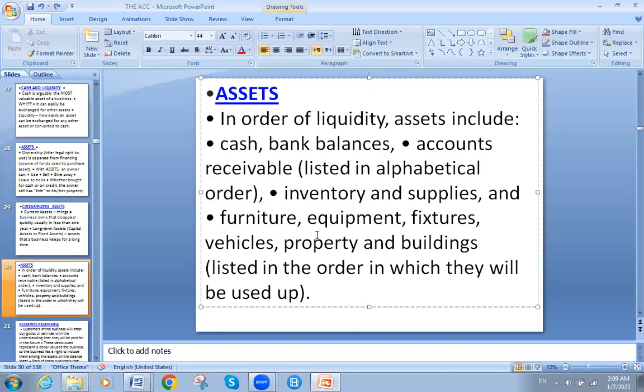Okay, so let's say as an example, you bought a vehicle. The vehicle is helping you to run your business and to make profits. So this is a fixed asset. But for the auto dealer, it's not a fixed asset, it's a current asset. Why? Because he bought these cars to resell them.